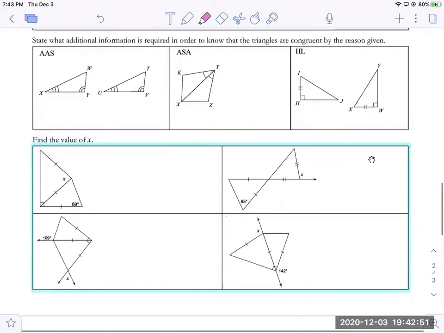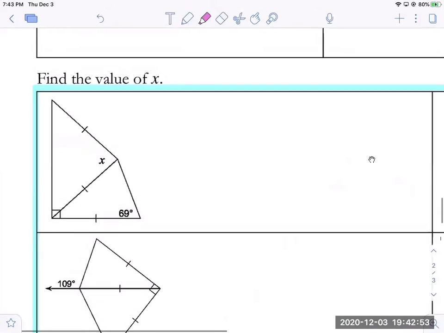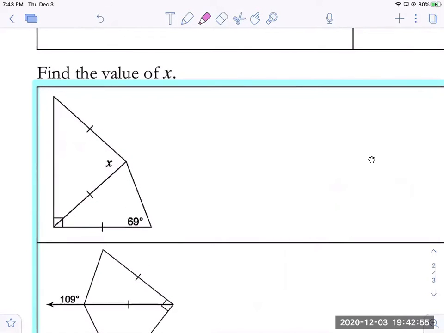At the bottom of the page, we're going to work our way around the diagram here. Okay, so the bottom triangle, I'm going to look at this triangle first. The bottom triangle is isosceles, so the base angles are congruent.